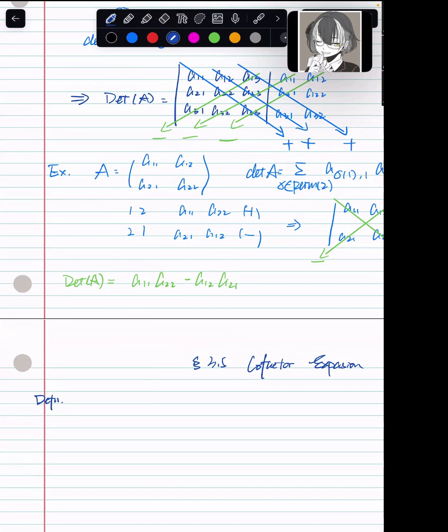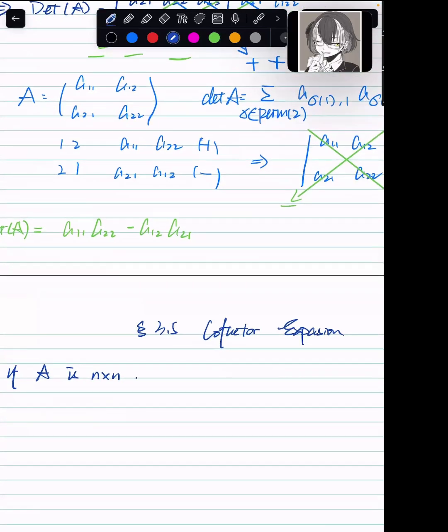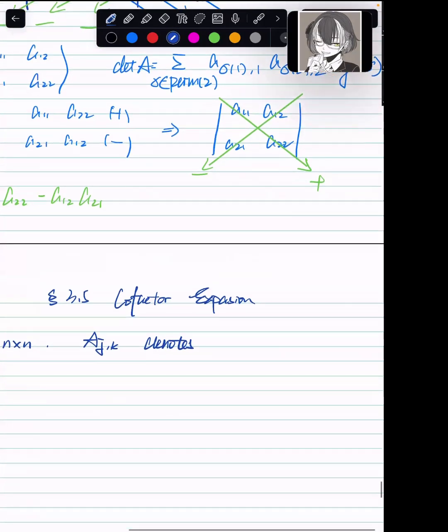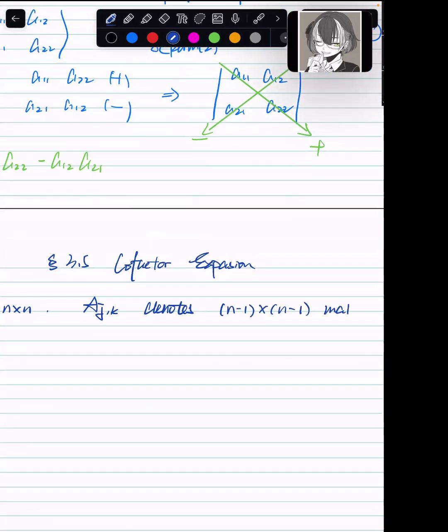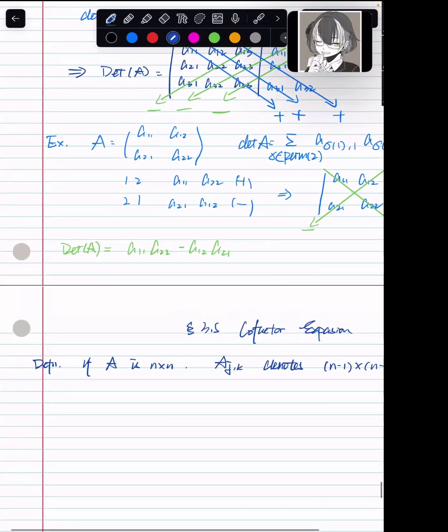So if A is n by n, then we use this notation A JK to denote a matrix that's n minus 1 by n minus 1, where we cross the jth row and kth column.